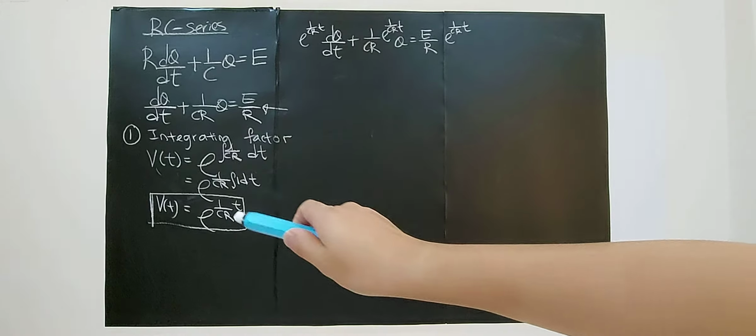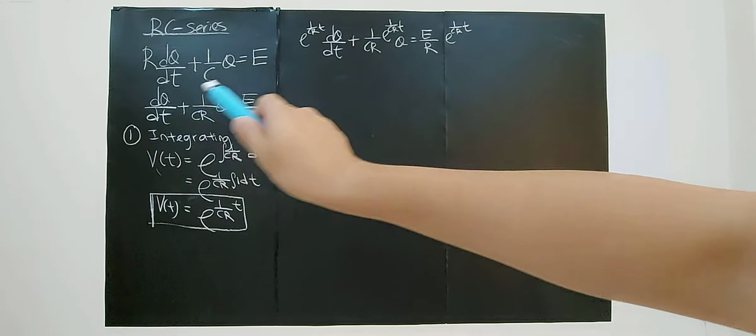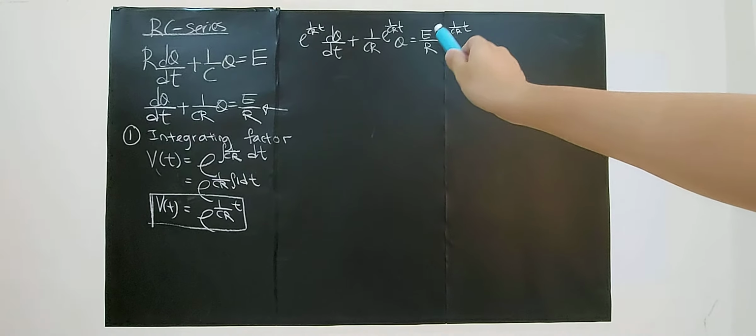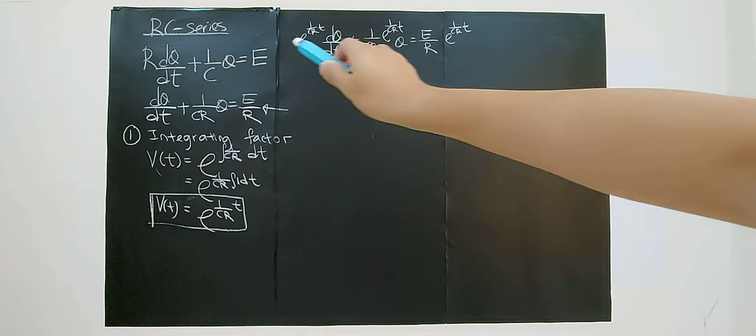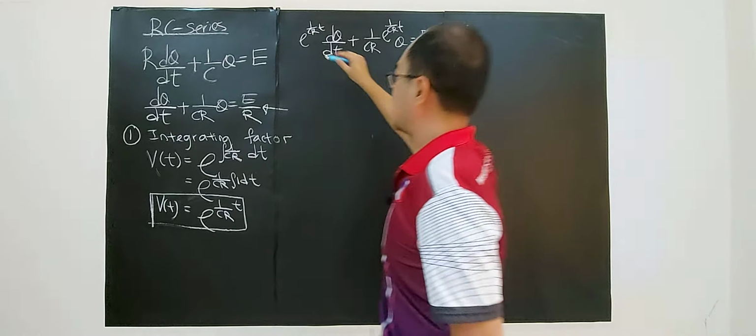I have actually multiplied the integrating factor into every term, multiplying both sides, each term, with e to the t over CR. And this is your second step.